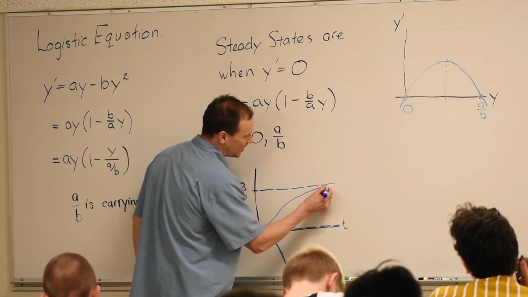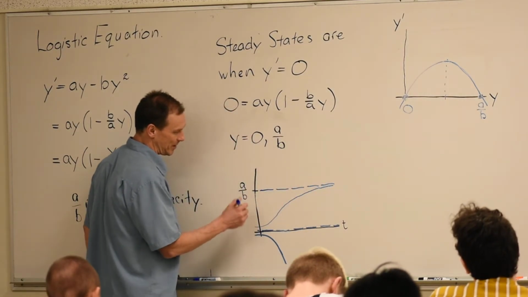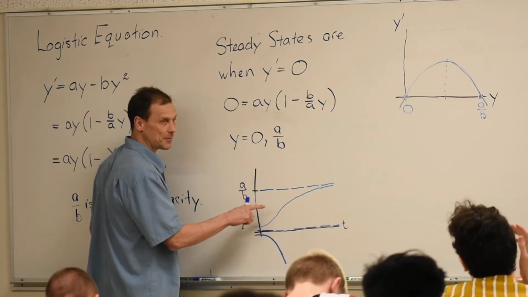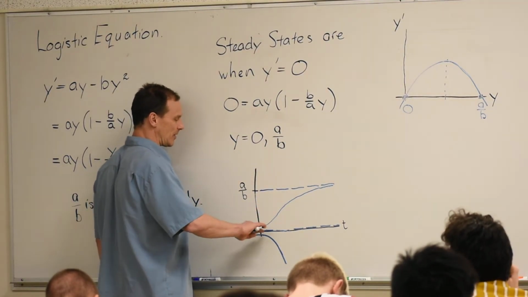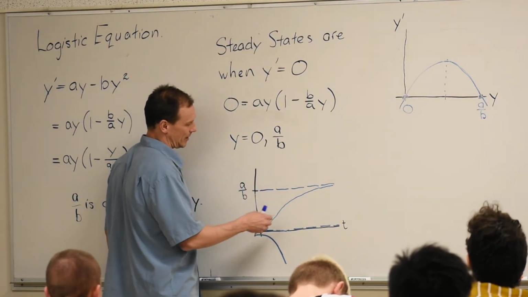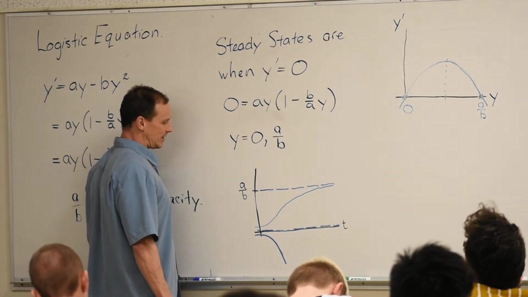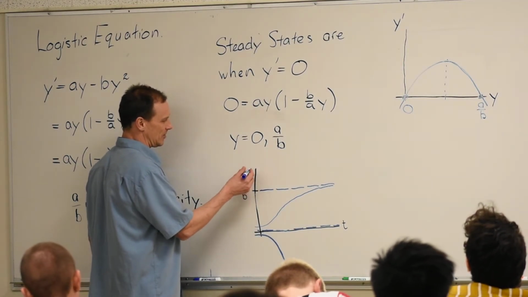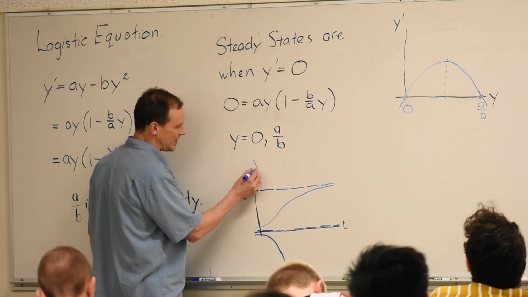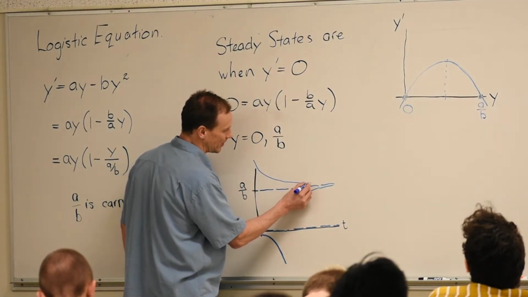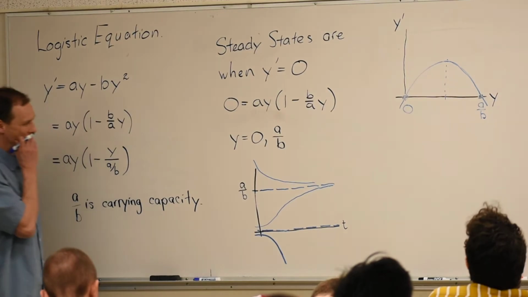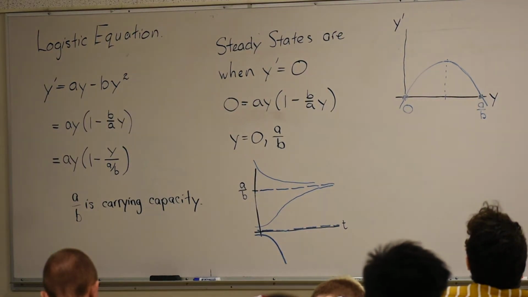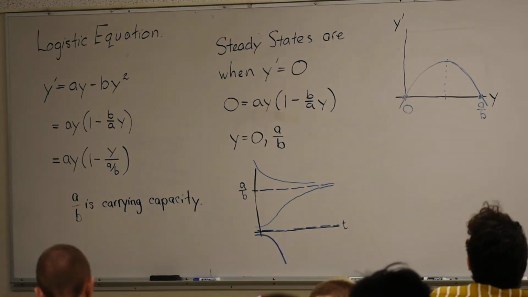It's always getting closer and closer to the steady state because the function is increasing in that interval. And finally, if we start above a over b, then we have a decreasing function, so we get a solution like this. Now, there's a little bit more that we can discern from this.